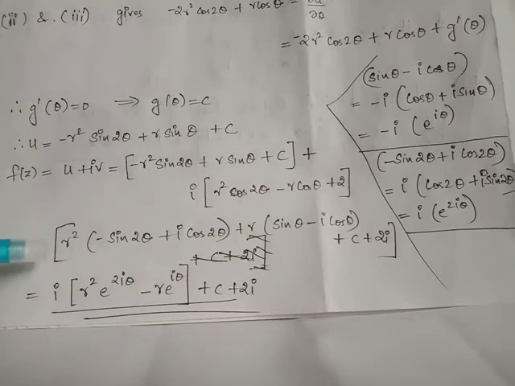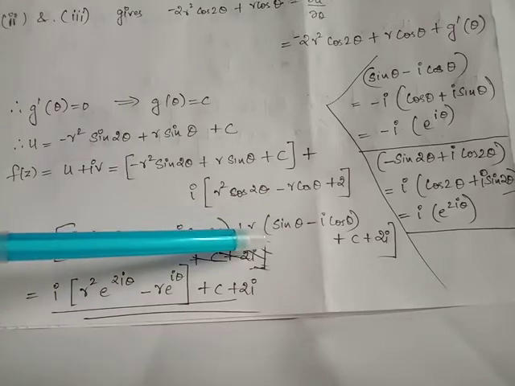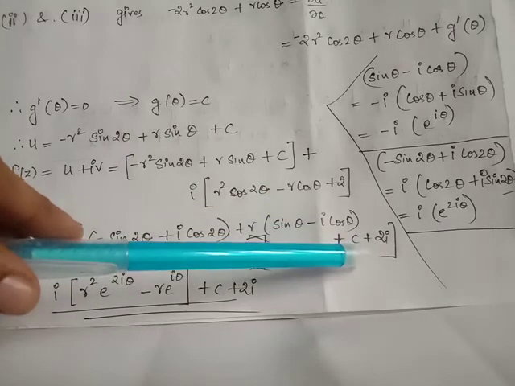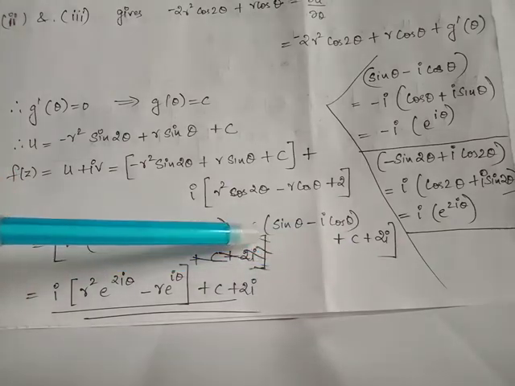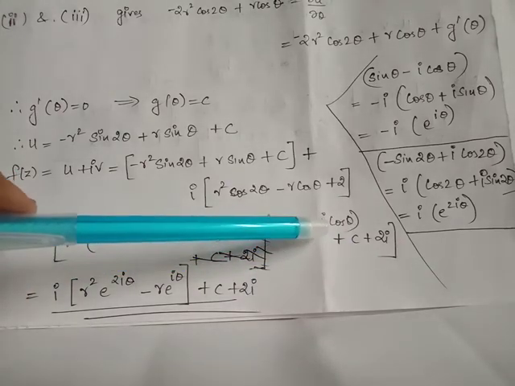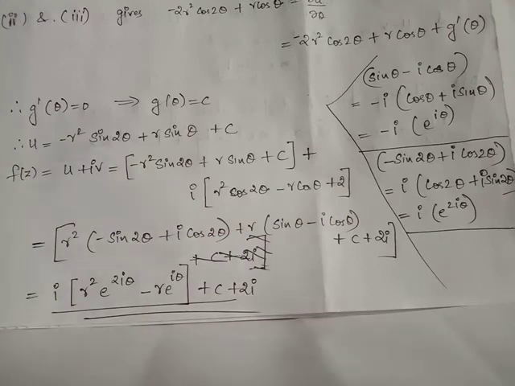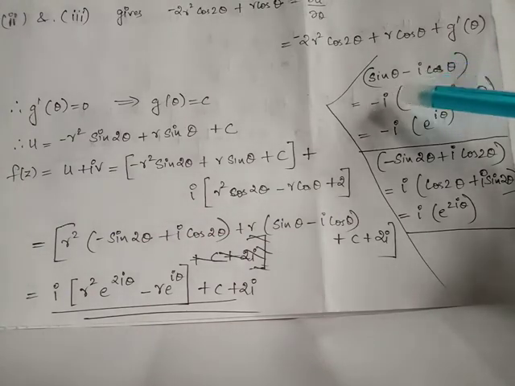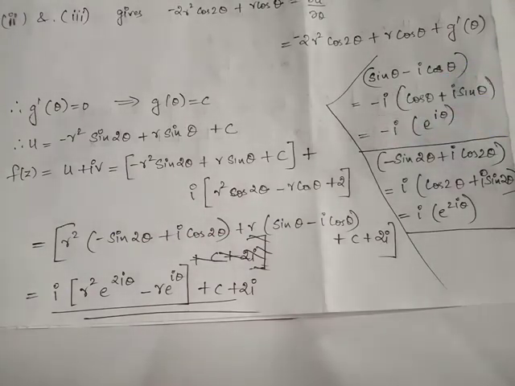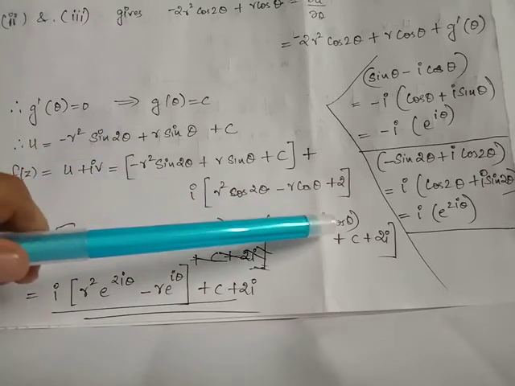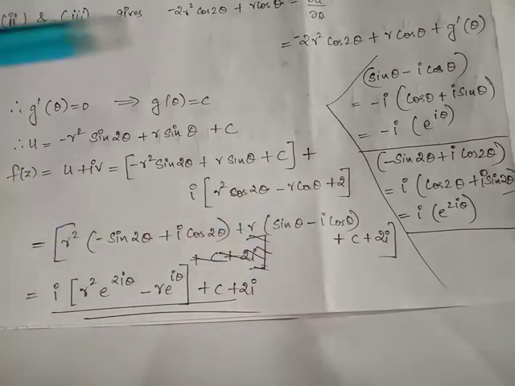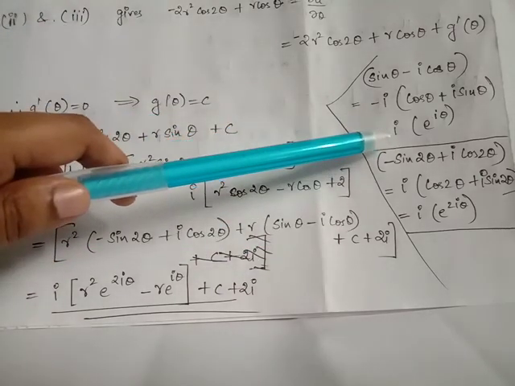Now we group terms containing r square, group terms containing r, and constant terms. When you look at terms containing r, you have sin theta minus i cos theta. When you take minus i outside, this expression is equivalent to minus i times cos theta plus i sin theta. Cos theta plus i sin theta can be replaced by e raised to i theta according to Euler's identity. Thus, you replace sin theta minus i cos theta by minus i e raised to i theta.